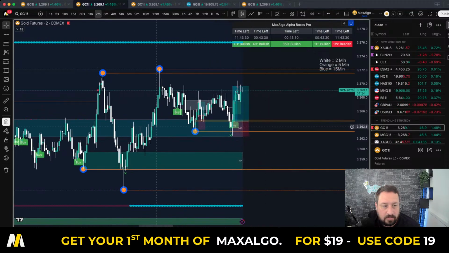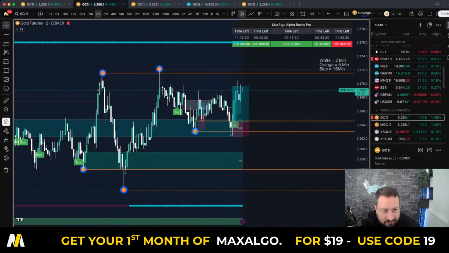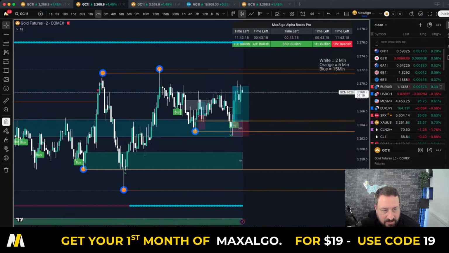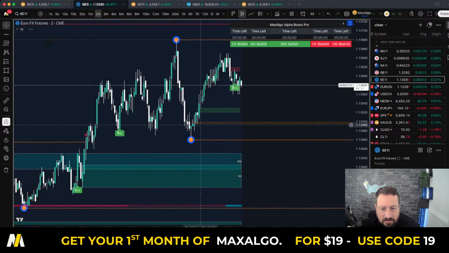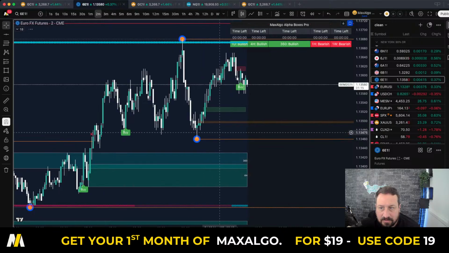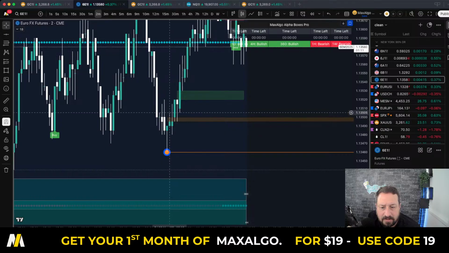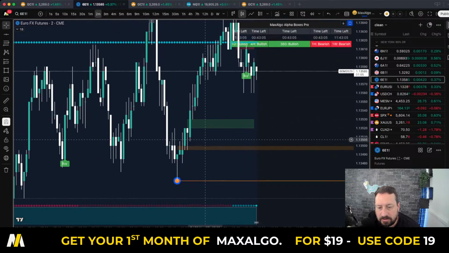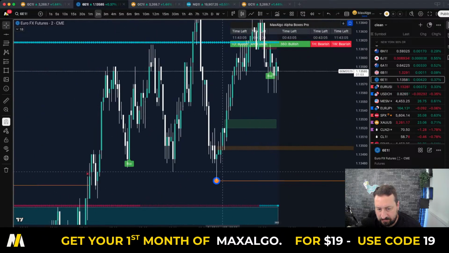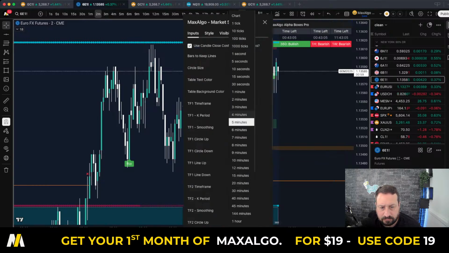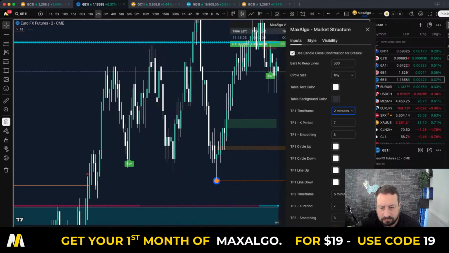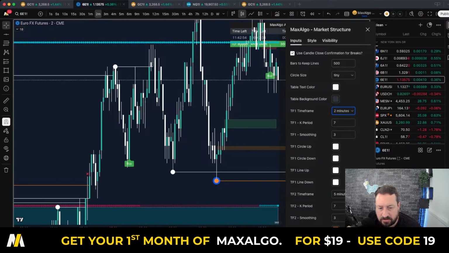That was a peach. Mind you, that trade on 6E, that was a peach. Look at that. Five-minute VIB forming. Tap, tap. Liquidity grab here. There's your 2-minute structure.